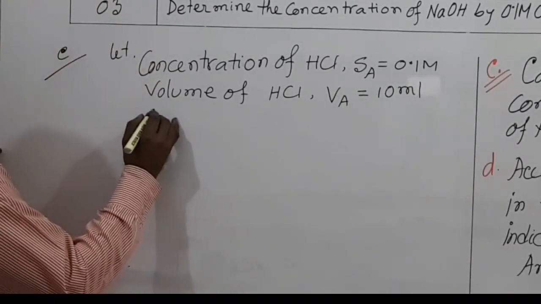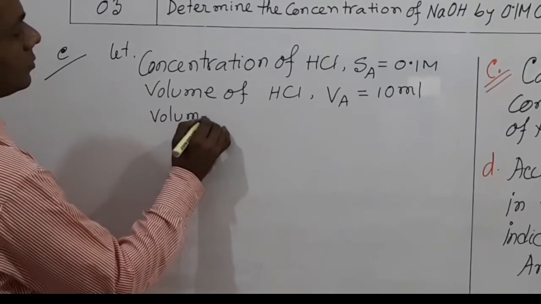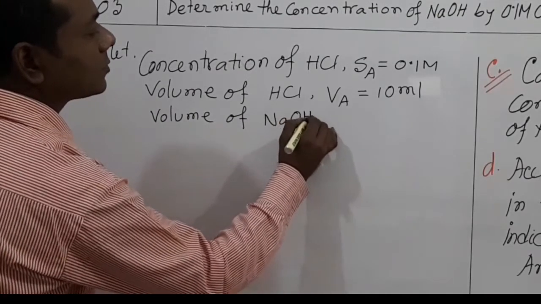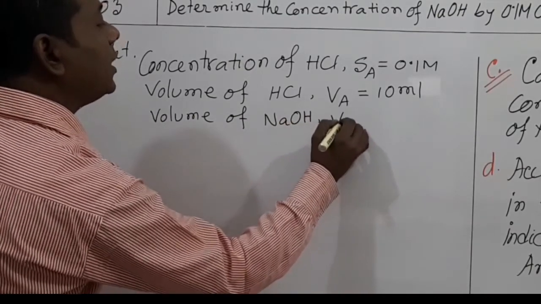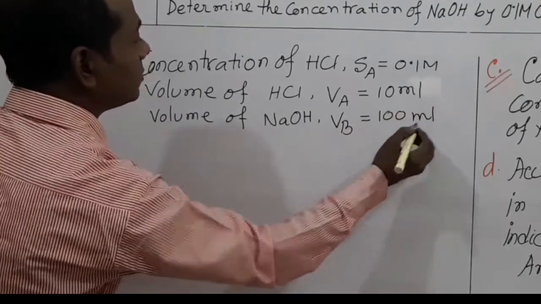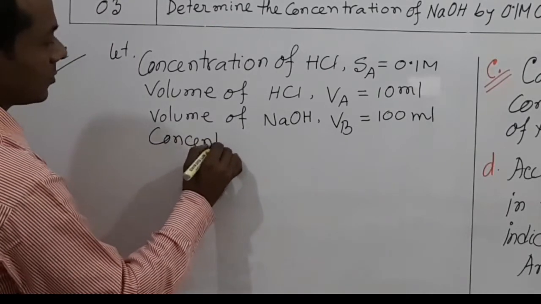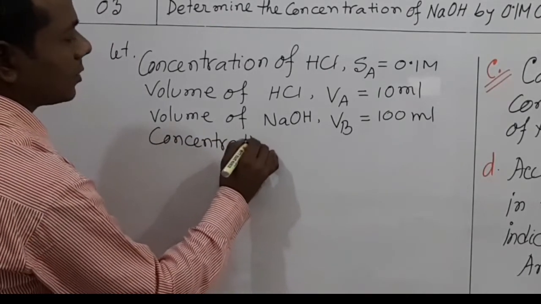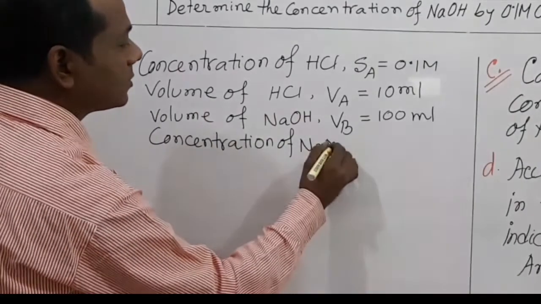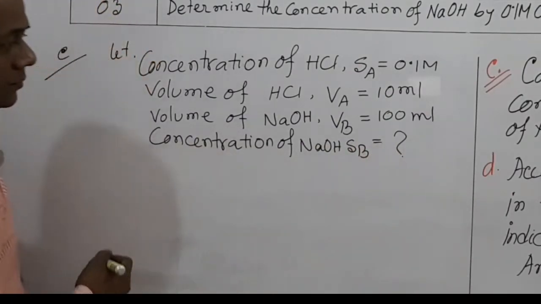Now, volume of sodium hydroxide, Vb, equal to 100 ml, and concentration of sodium hydroxide, that is Sb, equal to what?